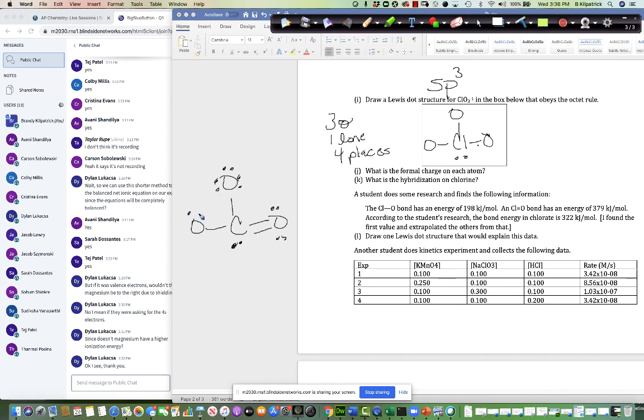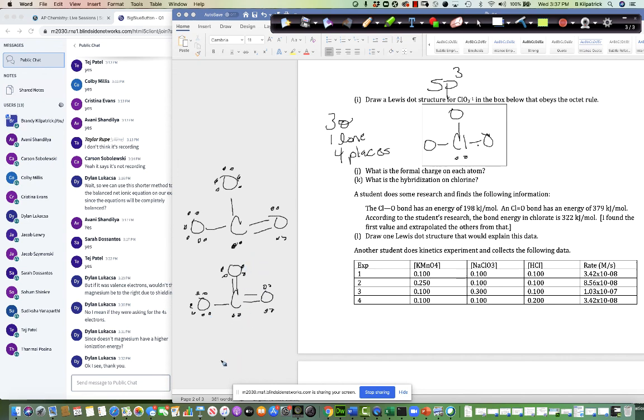So it's an expanded octet now. So you could have drawn this, or you could have drawn this. You need to have the correct number of electrons though, so you can't have 3 pairs on the oxygen here. And you should still have a lone pair.